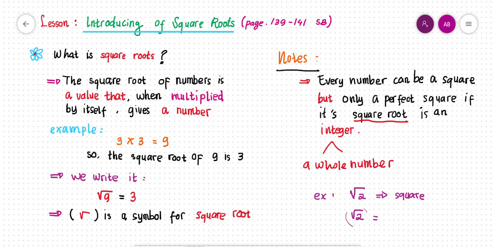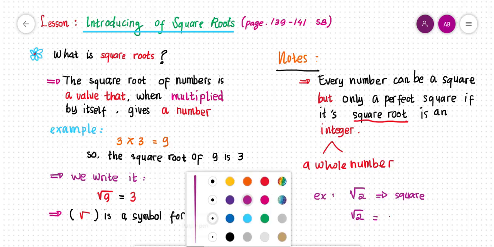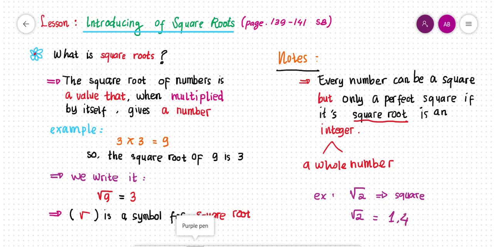Did you find a whole number 2 in the multiplication? No, right? Okay, so the square root of this number, the answer will be 1.4, everyone. The answer will be 1.4.